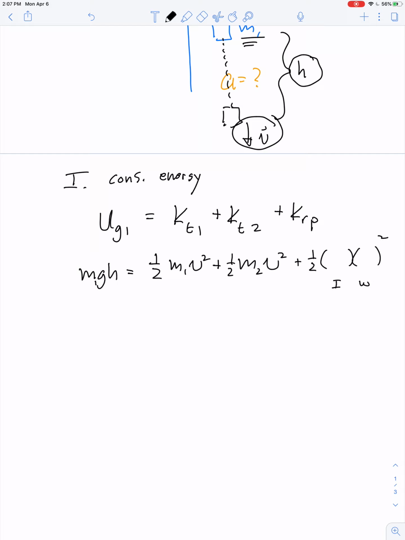Okay, so in place of I, rotational inertia, a solid cylinder has a rotational inertia equal to 1/2 of its mass. Here we're using capital M as the mass of the pulley, and then we'll use capital R as the radius of the pulley. And the formula for rotational inertia is 1/2 mass times radius squared. And then we'll say a point on the rim of the pulley where the string attaches has a tangential velocity that's equal to the angular speed times the radius of the pulley.